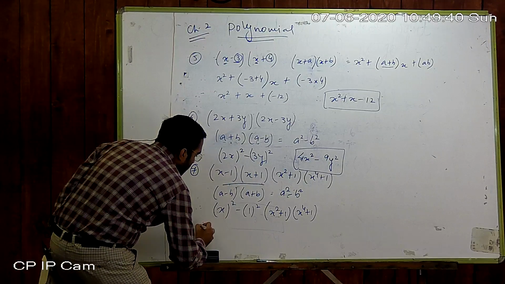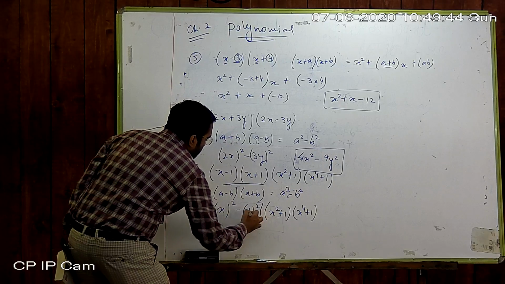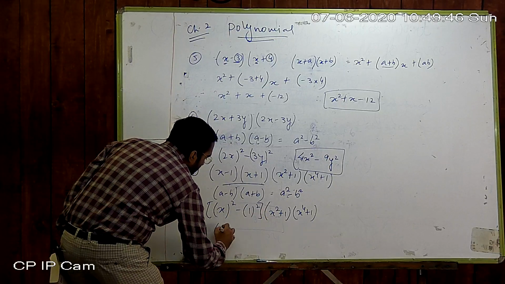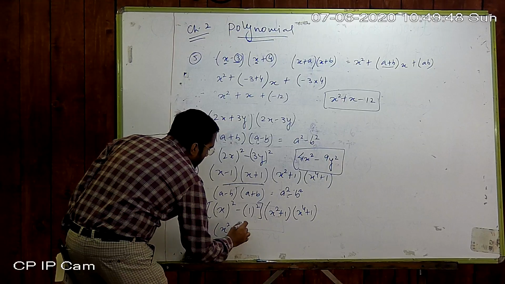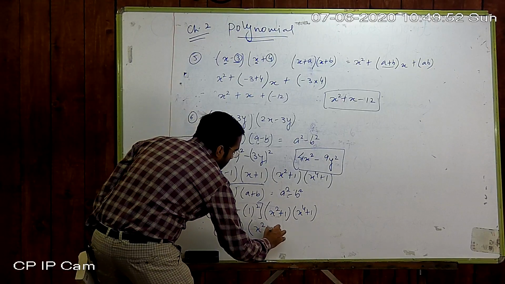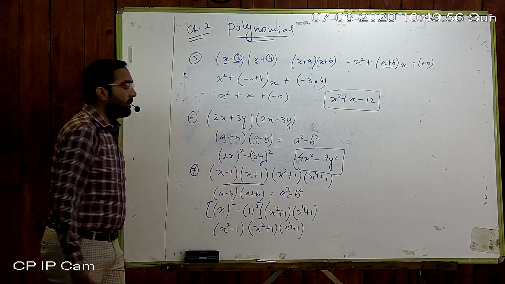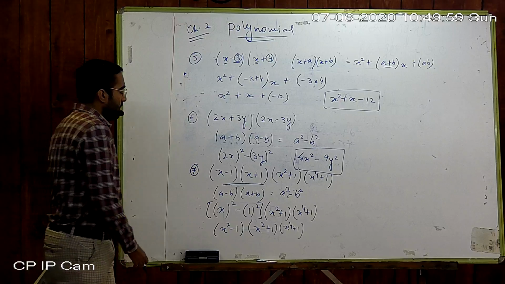So my answer is x square minus 1 for this bracket, and here is x square plus 1 and x raised to 4 plus 1 as it is.